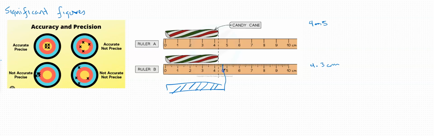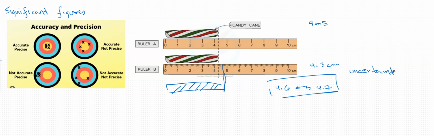Well, it's difficult to draw, but as you can see, it is between 4.6 and 4.7. You see, now we cannot tell anymore. There is some uncertainty.